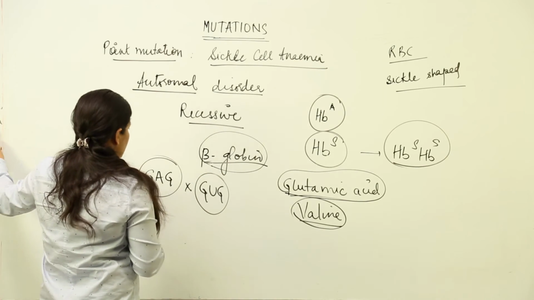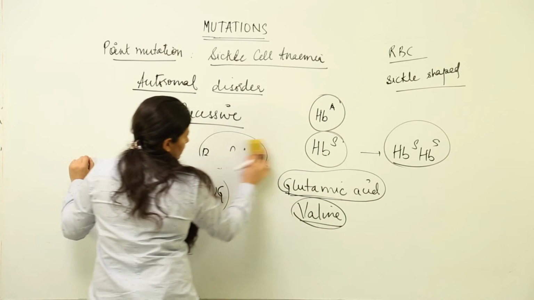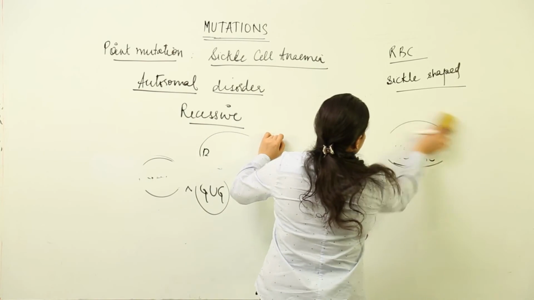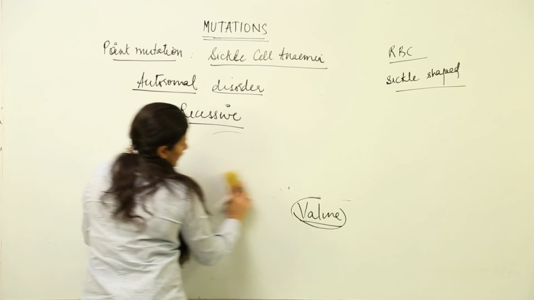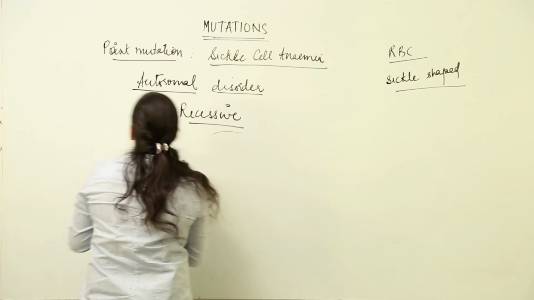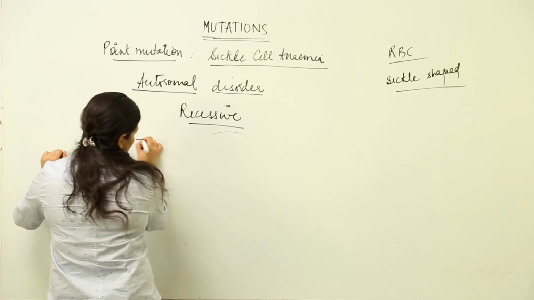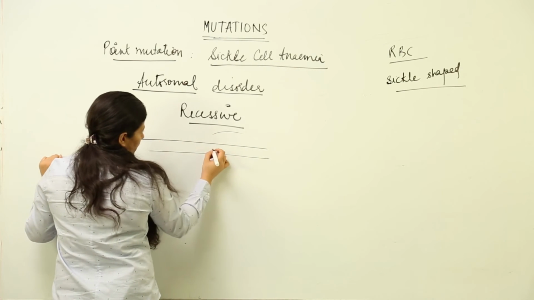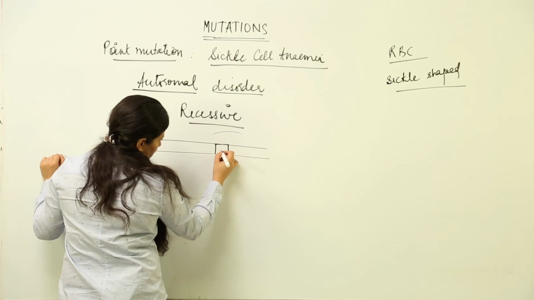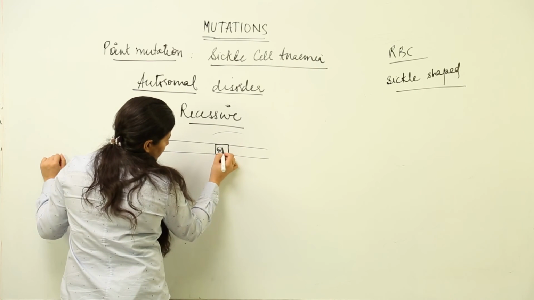Every time you find someone suffering from sickle cell anemia, what would have happened? A normal beta globin chain will have an RNA where the 6th position will have GAG.